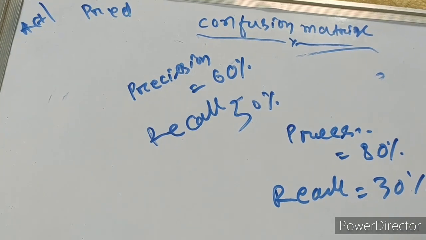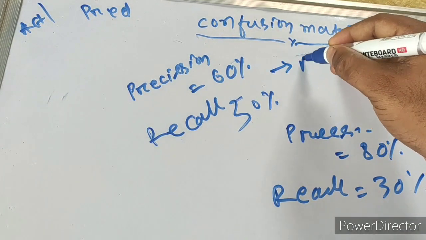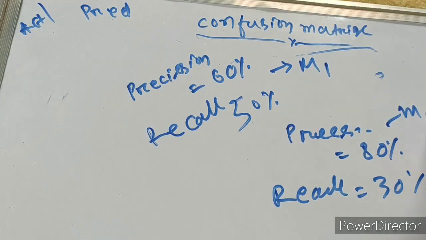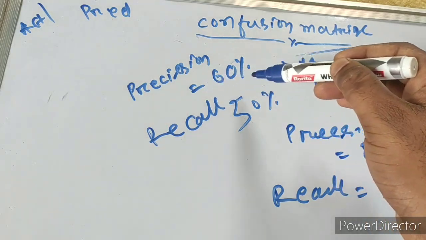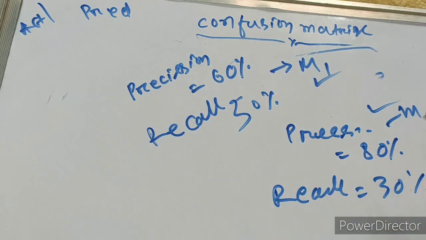So this is model 1, this is model 2. Here the question is, shall we go ahead with model 1 or shall we go ahead with model 2? Model 1 precision is 60% and recall is 50%, and model 2 precision is 80% and recall is 30% with respect to a positive result.